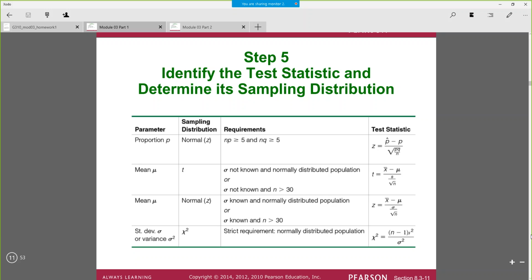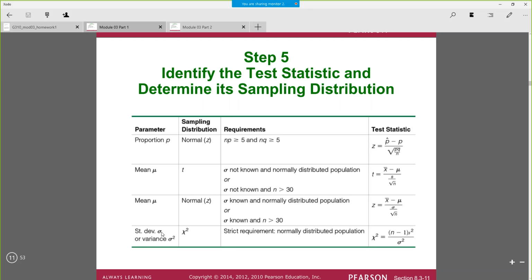All right, now we identify the test statistic. We call it a test statistic because we use that statistic, meaning the proportion, the mean, standard deviation, or variance, to test the claim. It has a specific letter for each test we're going to be looking at. For the proportion, we'll be using Z. If we're doing a hypothesis test about the mean, we use T. Sometimes we can use Z. I'll cover that in a little bit.